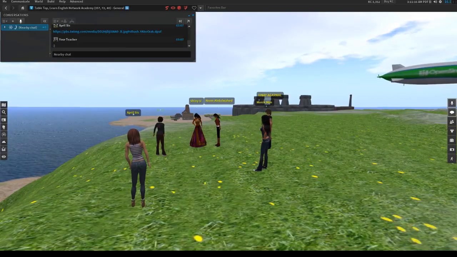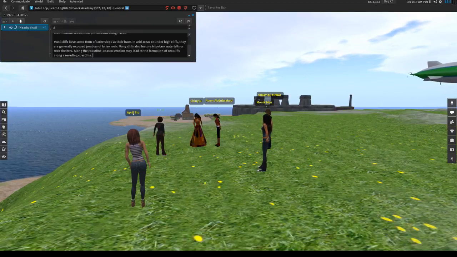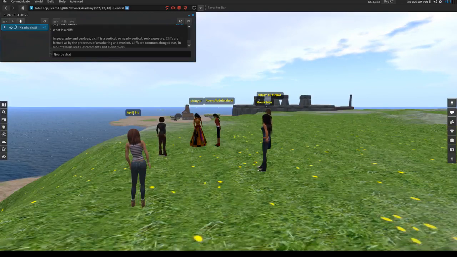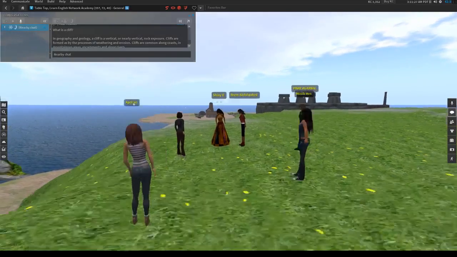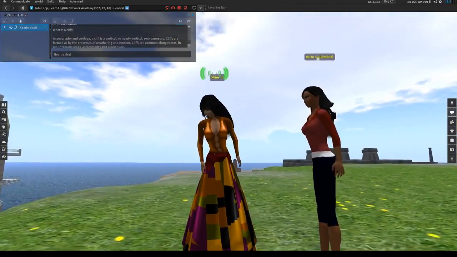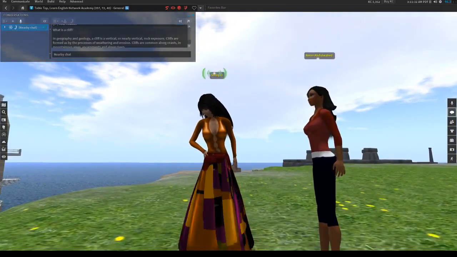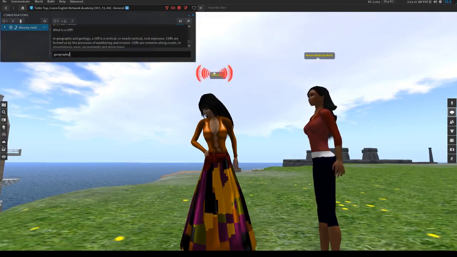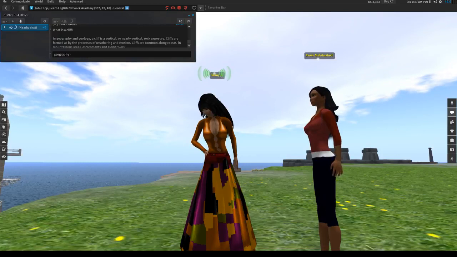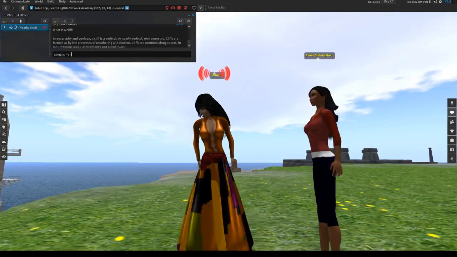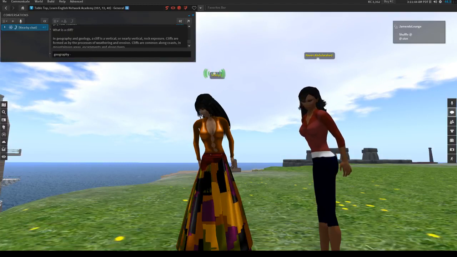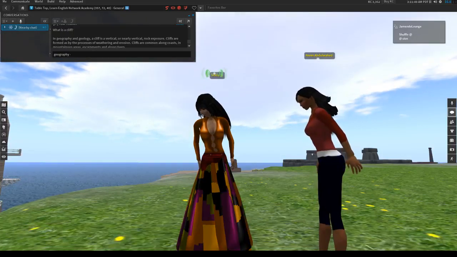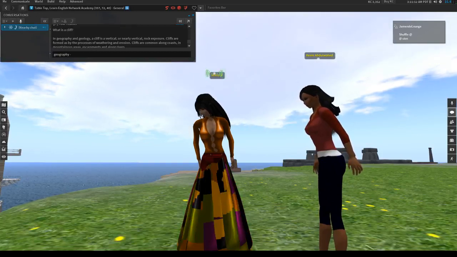So, with that in mind, Shiny, here you go. Have a little bit of a read. If you'd like to read that out loud, okay? What is a cliff? In geography and geology, a cliff is a vertical or nearly vertical rock exposure. Cliffs are formed by the processes of weathering and erosion.